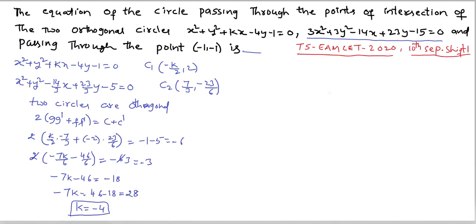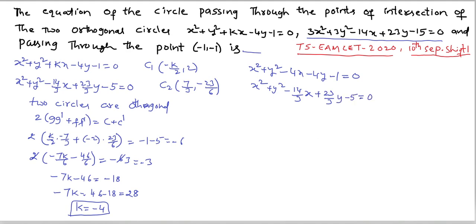For the equation of the first circle, x square plus y square minus 4x minus 4y minus 1 is equal to 0, and the second circle is x square plus y square minus 14 by 3 x plus 23 by 3 into y minus 5 is equal to 0.